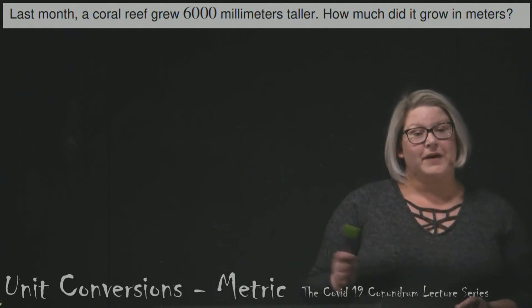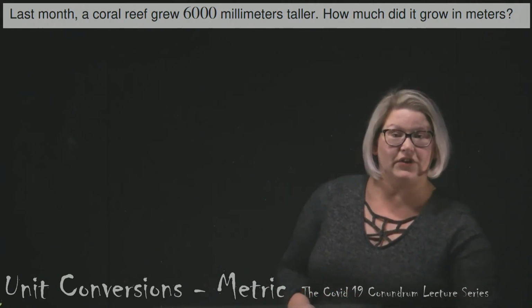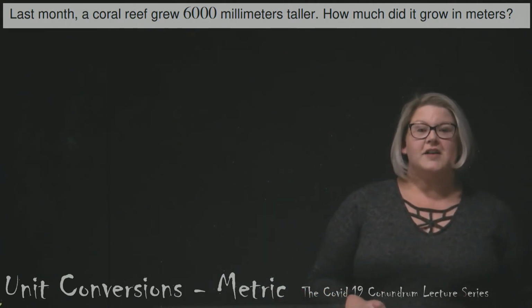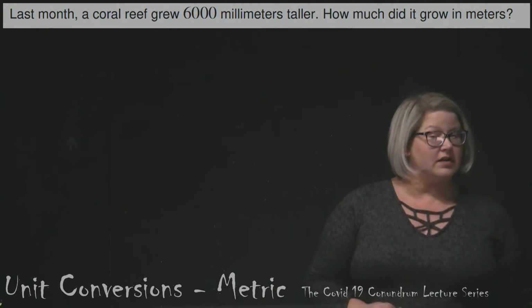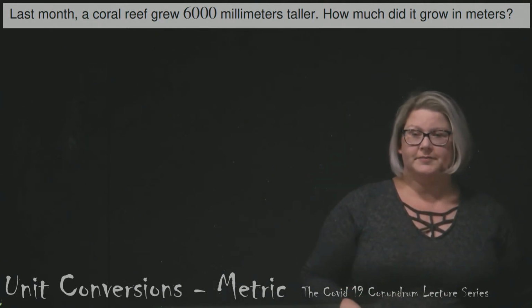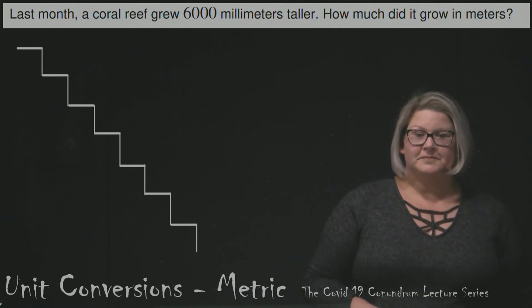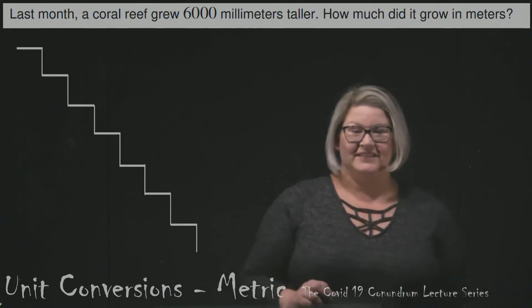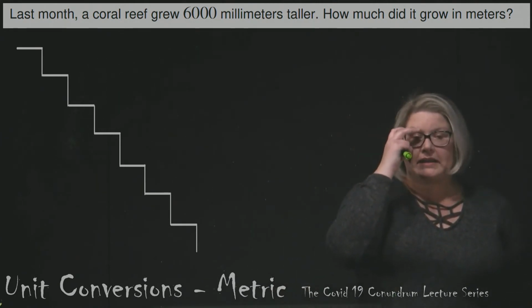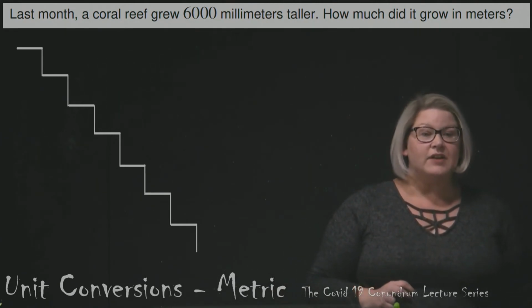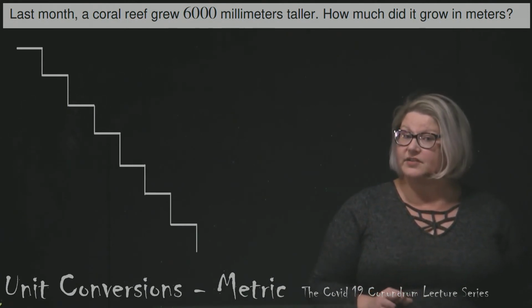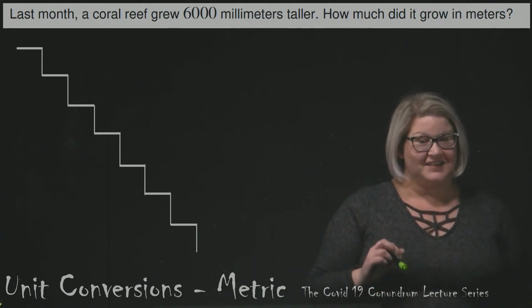All right, for this problem, the first thing I want you to do is draw your stairs. On your mark, get set, draw. Did they look like this? All right, next, I want you to label your stairs. King Henry doesn't usually drink chocolate milk. Use the first letters of that sentence.